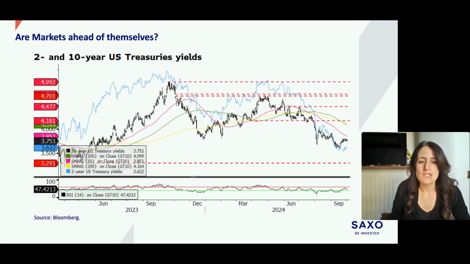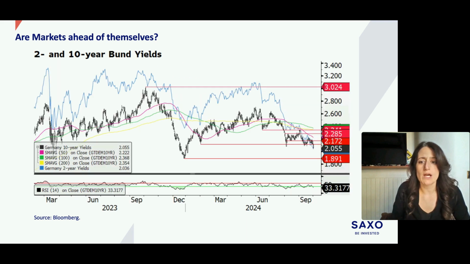Well, as you can see, yields have been dropping already quite considerably, from 5% in October 2023, when we look at US Treasuries, down to 3.75% for the 10-year Treasuries, and the 2 years has also collapsed from 5% to basically 3.6%.